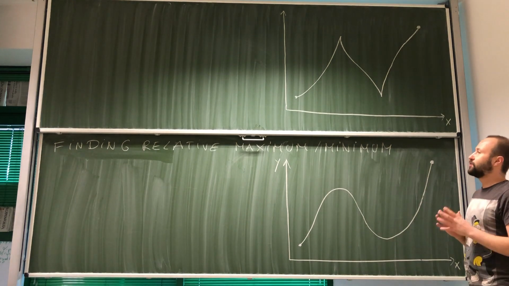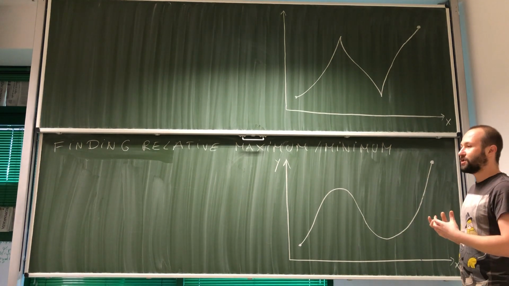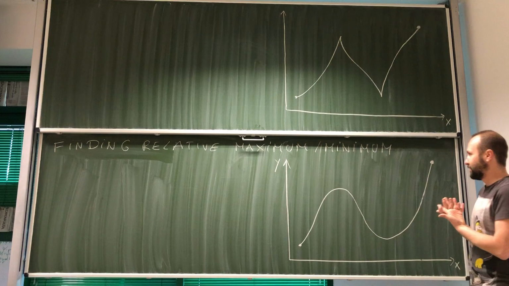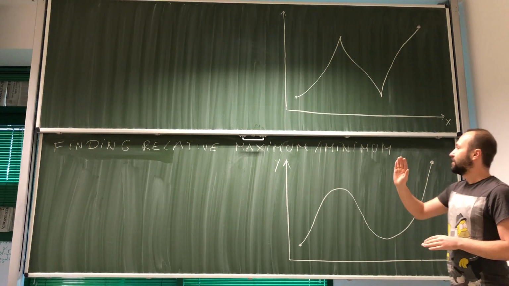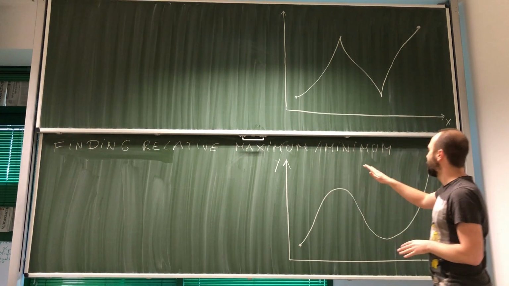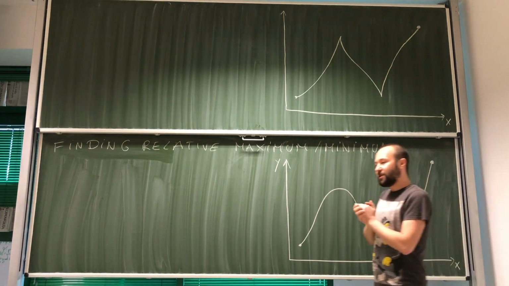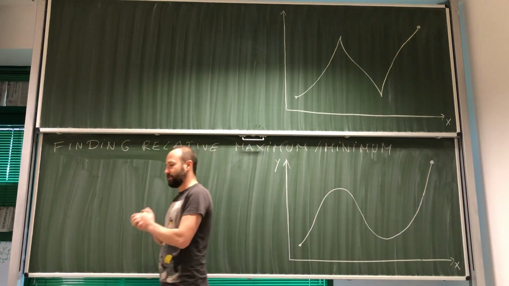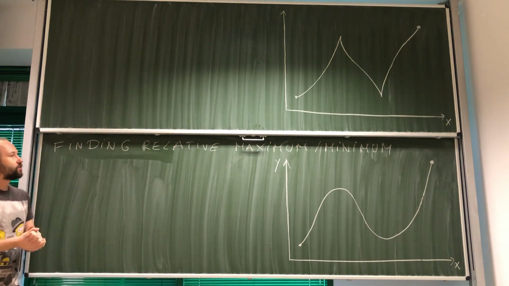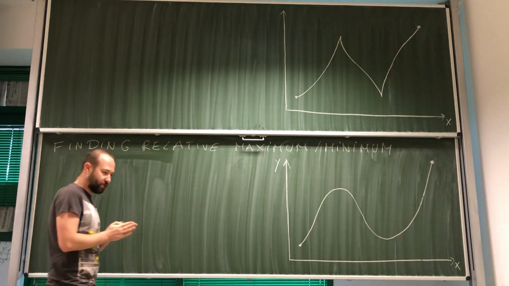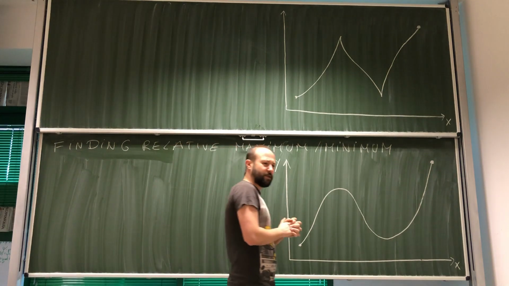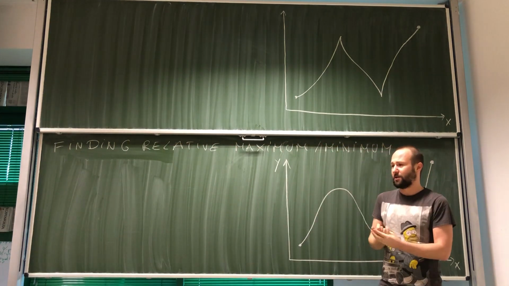Now, what we are going to do is learn how to use those derivatives to find the relative maximum or minimum of a function. And in this context, we're going to resort to the specific interpretation of the derivative that we dealt with a couple of videos ago.